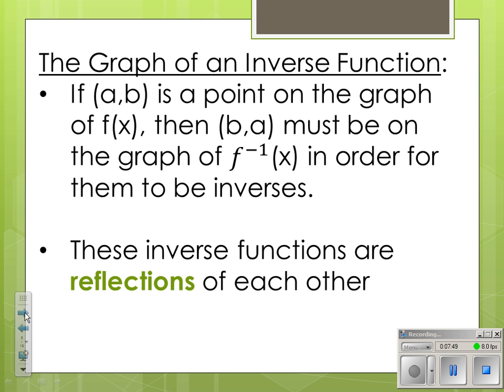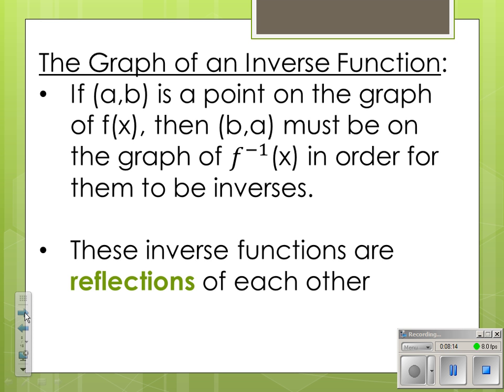If you're looking at a graph of an inverse function, what you need to be able to find to prove or show that something is an inverse is that all of your ABs for one graph have to be in BA order on the other graph. So for example, if one function had the point 1, 3, the inverse function would have to have the point 3, 1.